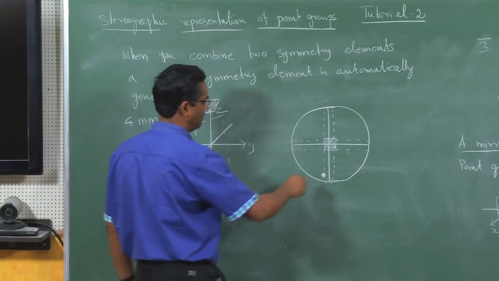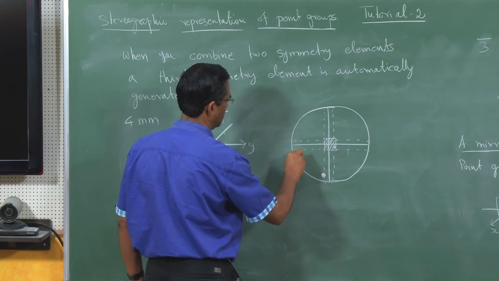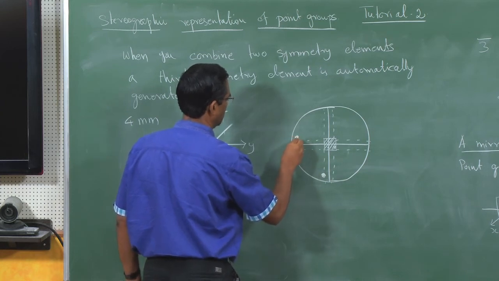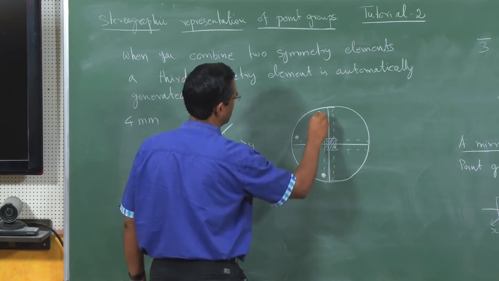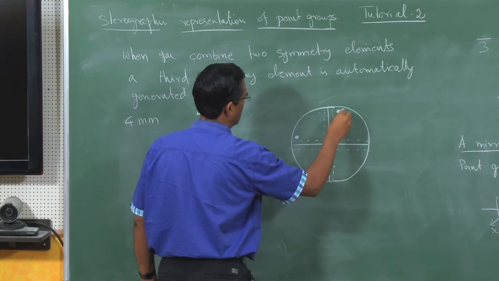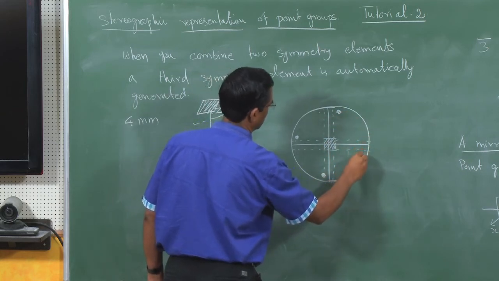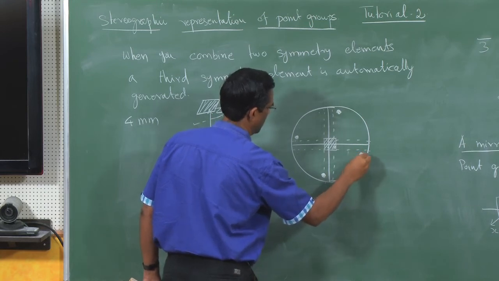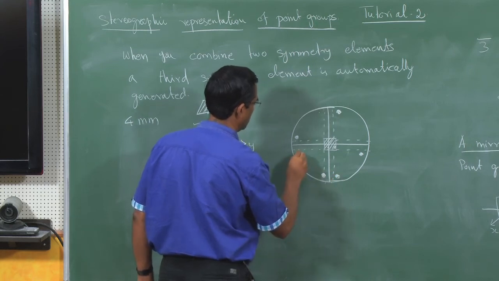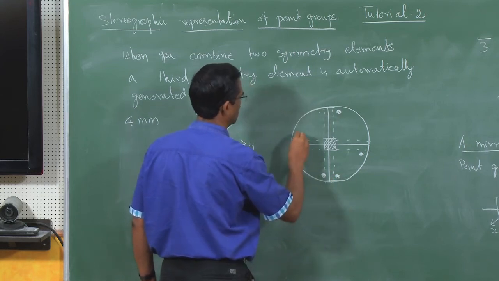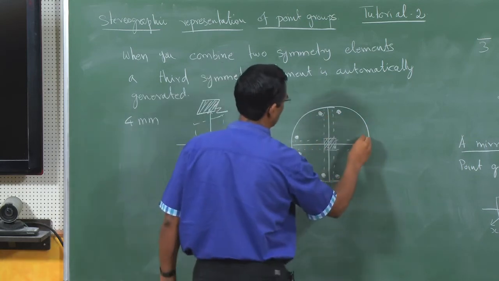If you have this C4, that means it will come here, it will reflect, then it will come here, it will reflect, it will come here, it will reflect, again it will come here, it will reflect, and so on around.